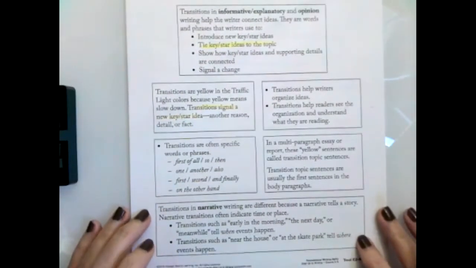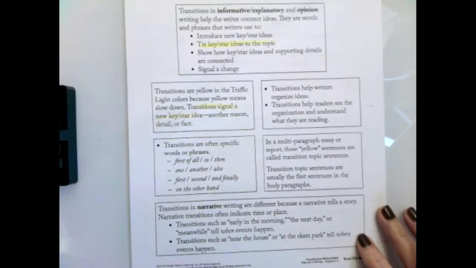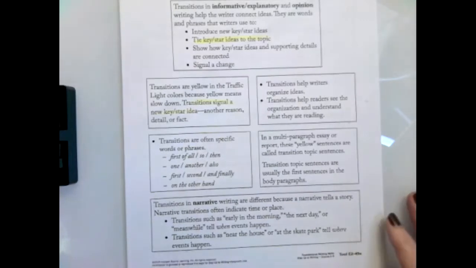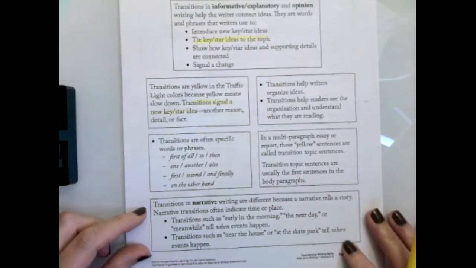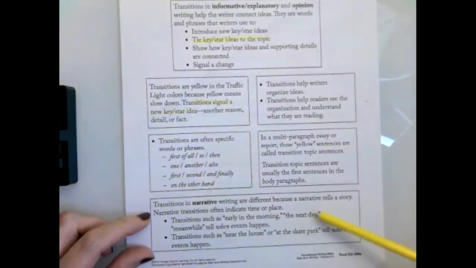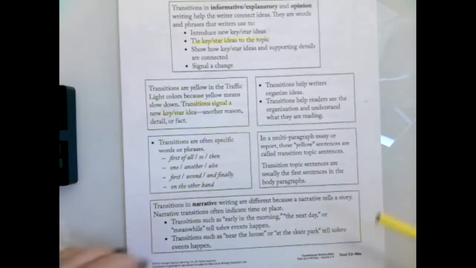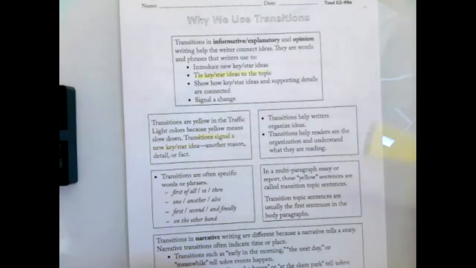I will be doing a parent workshop Zoom, one of Katrina's training workshops, talking about narrative writing, and I'll talk about narrative transitions at that point. They're definitely going to be different because they're indicating time or place, and they're helping the reader follow the story and the storyline. Whereas these transitions are indicating a new key idea is getting ready to be discussed.